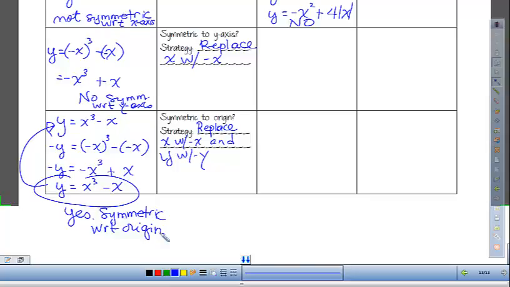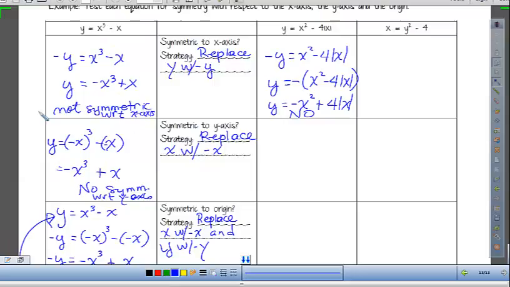Okay, very good. I've left 5 boxes there for you. Why don't you test them to see if they're symmetric with respect to the various orientations. Okay, so if we're looking at the third equation, we're interested in symmetry with respect to the x-axis.